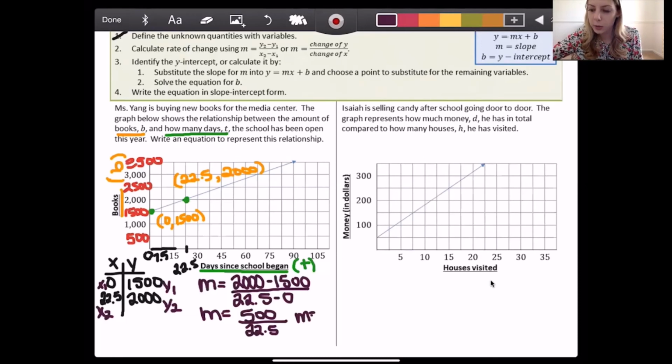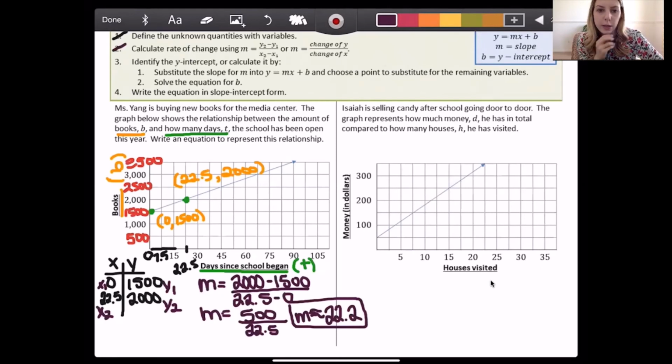500 divided by 22.5 equals about, let's say 22.2. Okay, so that is our M value. Okay, we calculated the rate of change. Step 3, identify the y-intercept or calculate it.